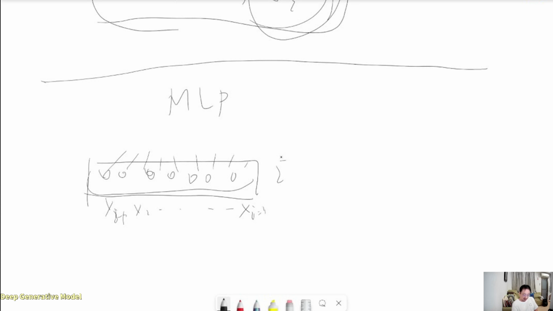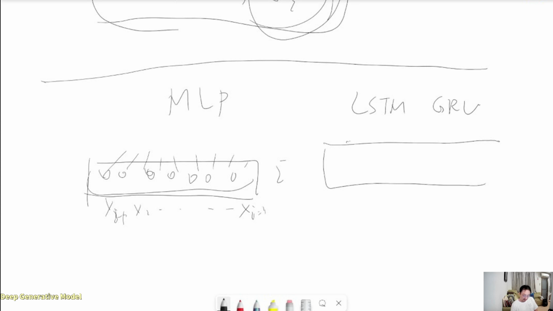If you are using an RNN model like LSTM or GRU, you don't need to worry about this, because we are going to talk about the recurrent neural network a little bit later. The benefit of using a recurrent neural network is that, in principle, you don't need to worry about the length.